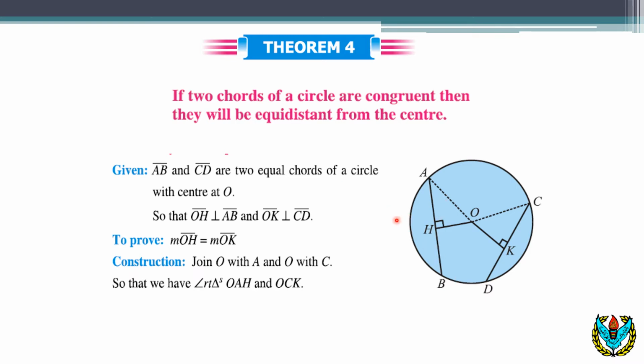As it is given, OH is perpendicular, so the triangle OAH is the right angle triangle. Similarly, it is given OK is perpendicular to CD. The triangle OKC is the right angle triangle. Joining O with A and O with C, we will have two right angle triangles.